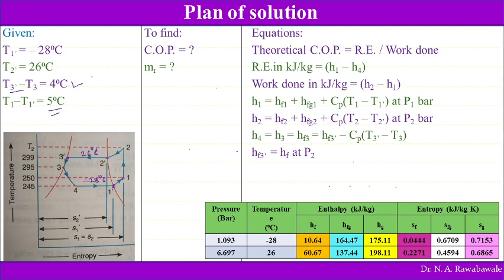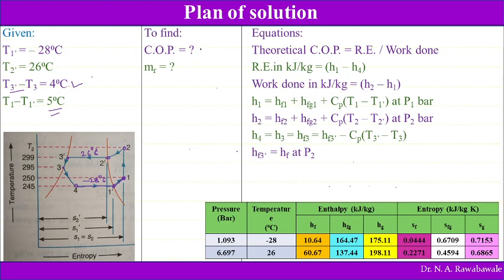When the refrigerant enters the evaporator, it absorbs latent heat and again it absorbs sensible heat. It becomes superheated when it enters the compressor. So superheated vapor enters the compressor and gets compressed. Here the temperature at point 2 we don't know. However, we know this temperature difference.